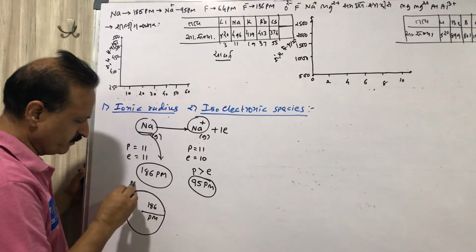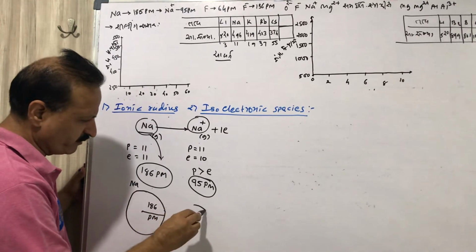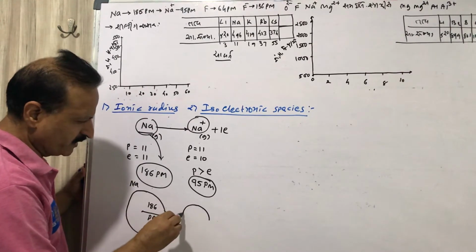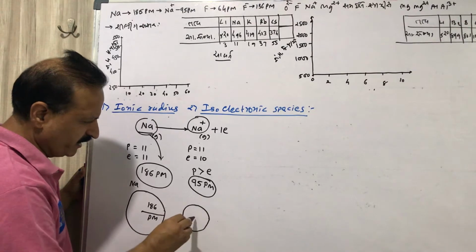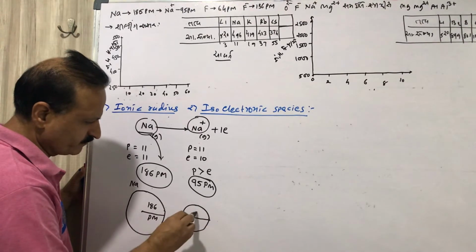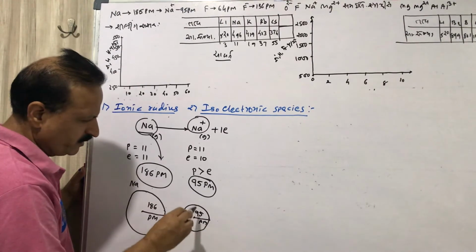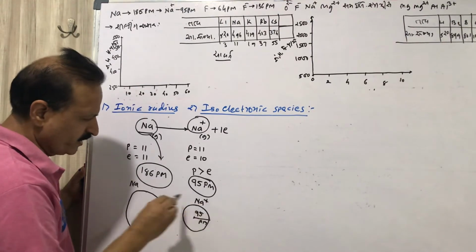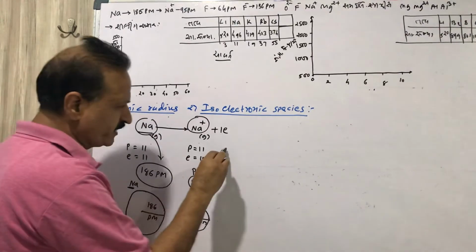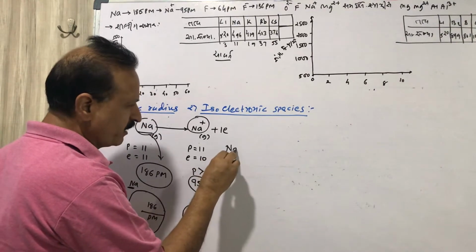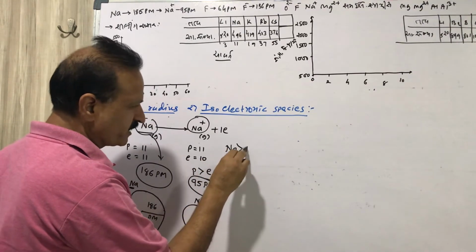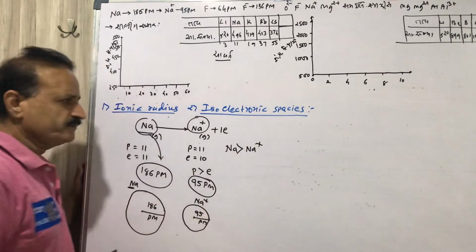When it converts into a sodium ion, the radius will decrease and it is 95 pm. It proves that the parent atom size is always greater than its ion.